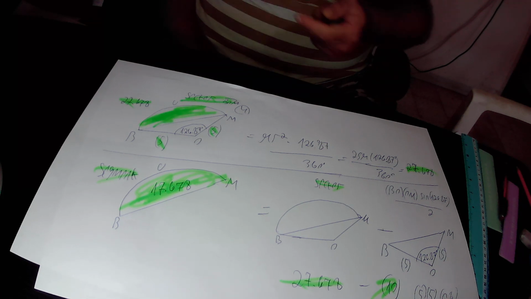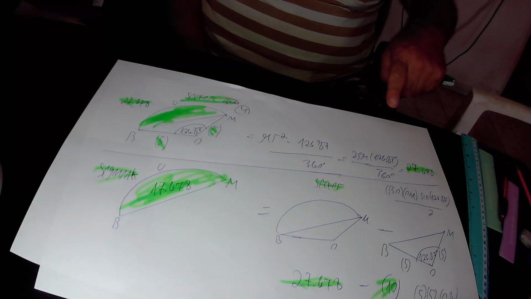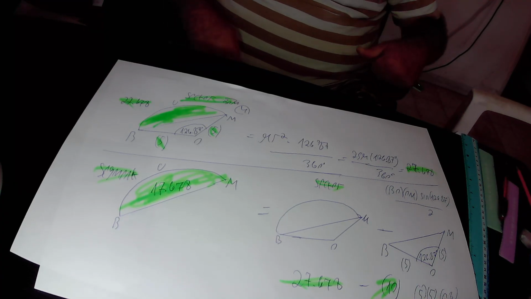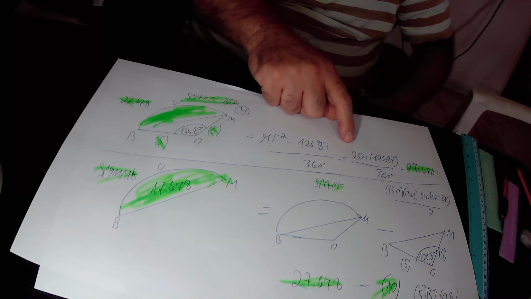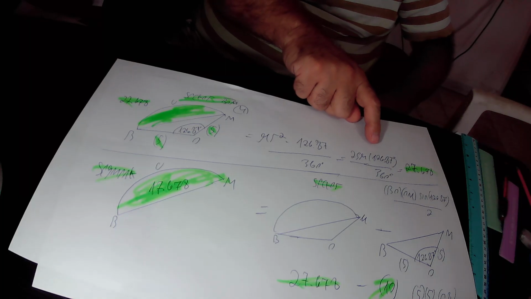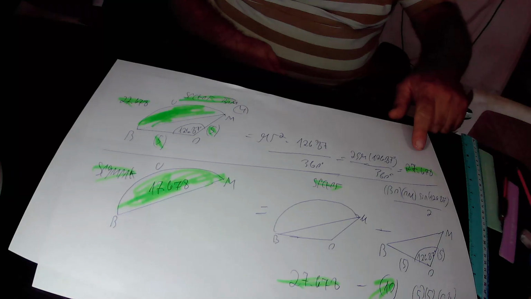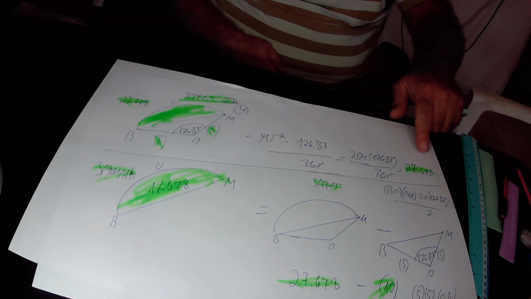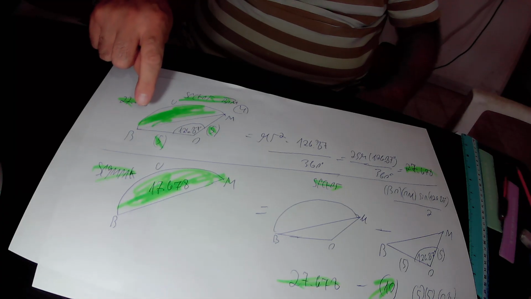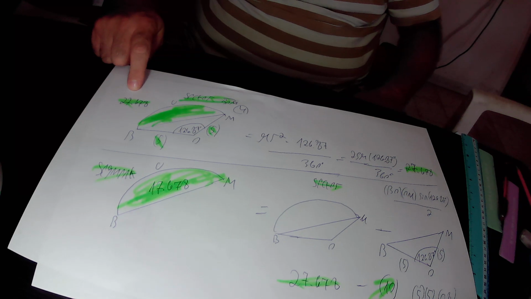R is 5, therefore r squared is 25, so pi r squared is 25 pi, times 126.87 degrees over 360 degrees. In total, the value of this expression is equal to 27.678 square units in size. Again, we found that the area of this sector BOM is equal to 27.678 square units.